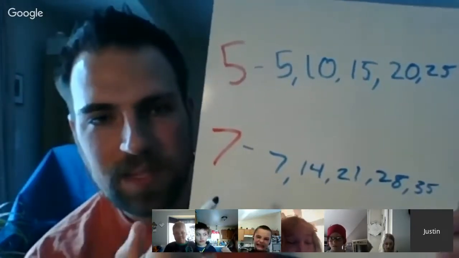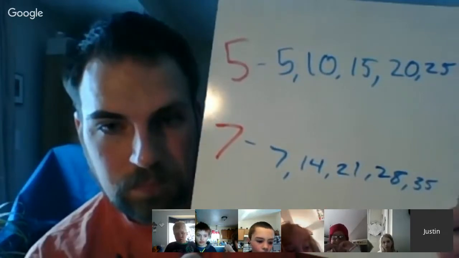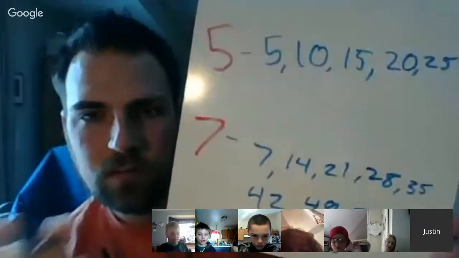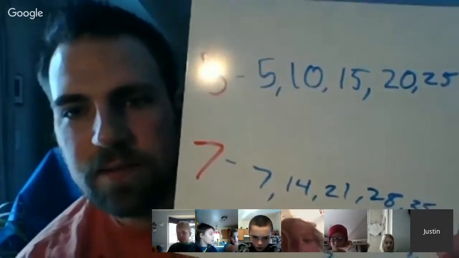Can you help me with my 7s? 42, 49, 56, 63, 70. Okay, and so we do 5 more. That gives us 10. And now either Dylan or Sydney, I need help with my 5s.